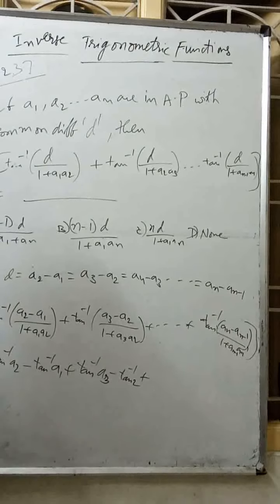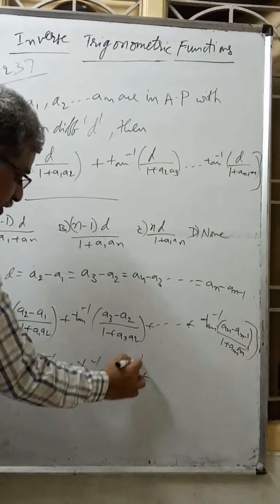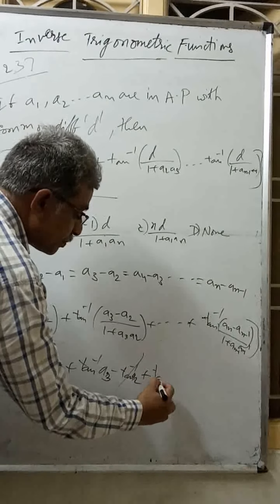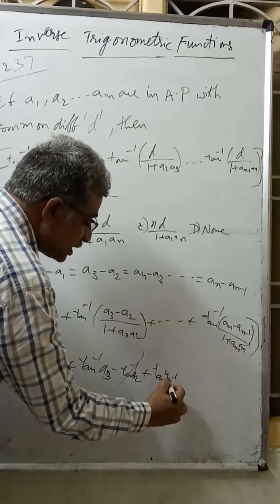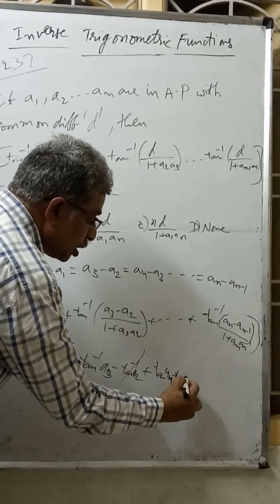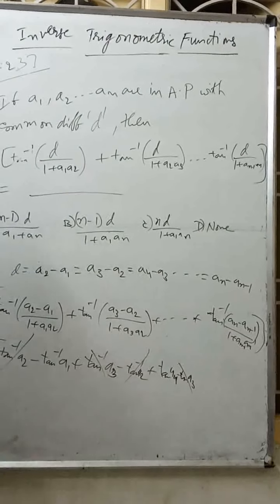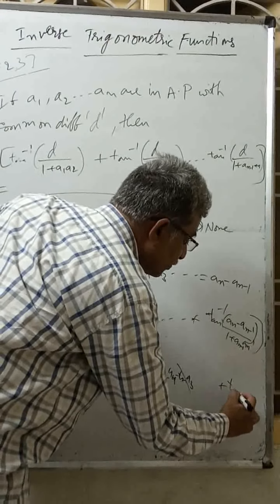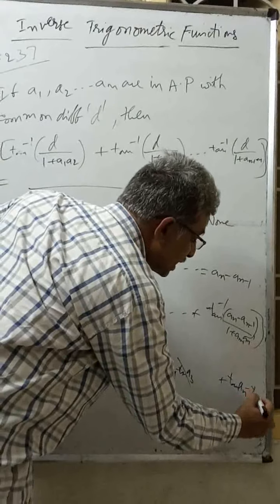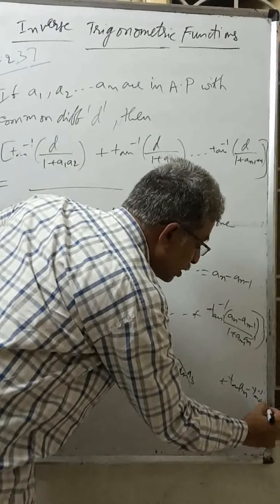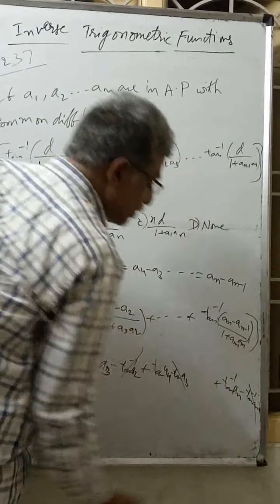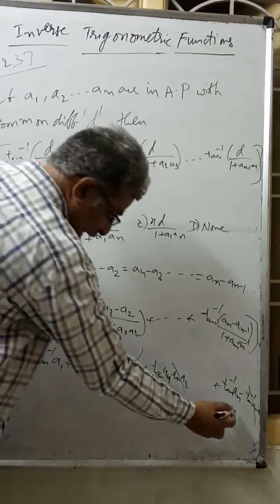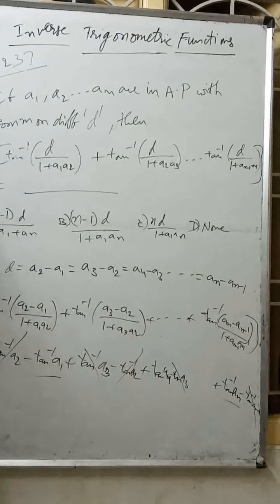What I want to say is tan inverse a2 and tan inverse a2 cancel. Like this, if I write the next step, tan inverse a4 minus tan inverse a3, a3 cancels. Like this everything gets cancelled except the last one. The last one is tan inverse an minus tan inverse a(n minus 1). So this tan inverse a(n minus 1) and the term before this get cancelled. Left out is tan inverse an minus tan inverse a1.